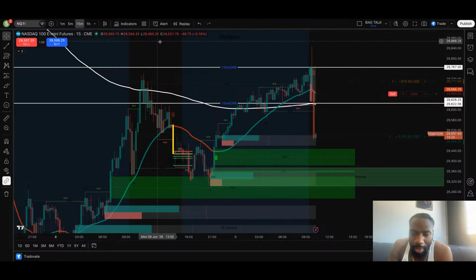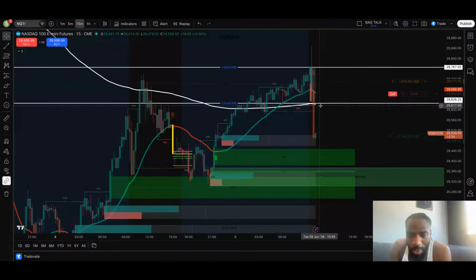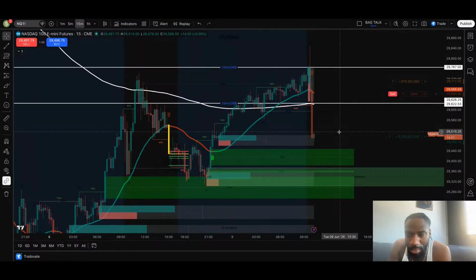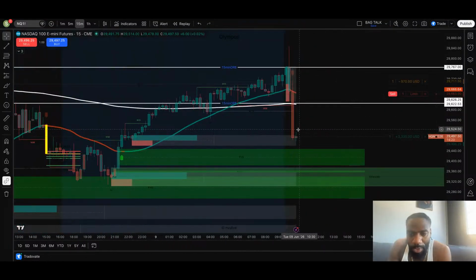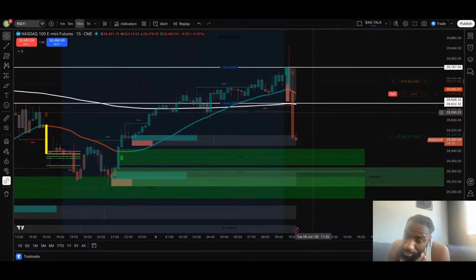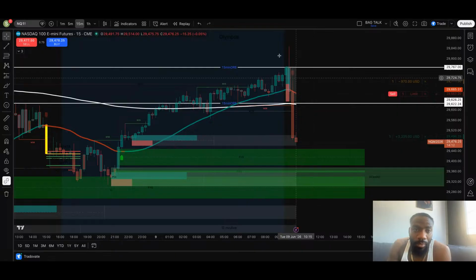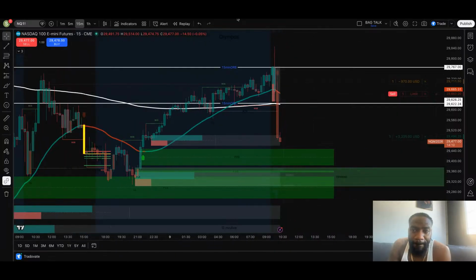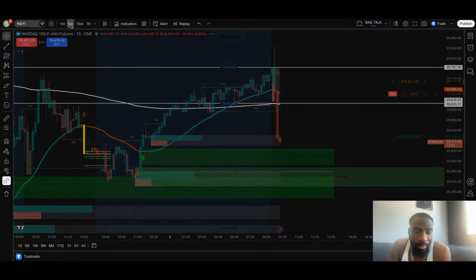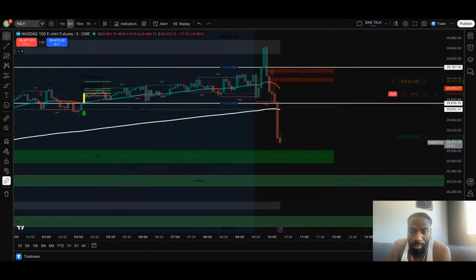And even now, because it dumped so far, I won't feel comfortable entering right here. I want to see another retracement or something. But the scanner called it on the 15 and the 5, man. Yeah, she's still going. That's crazy.